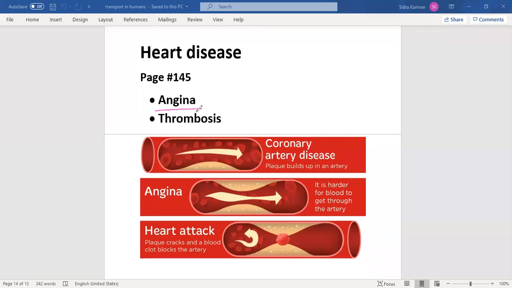As I told you in the previous lecture, there is a coronary artery which provides blood to the heart. And this artery is very narrow.